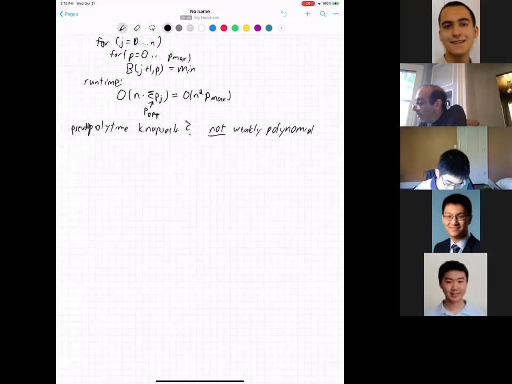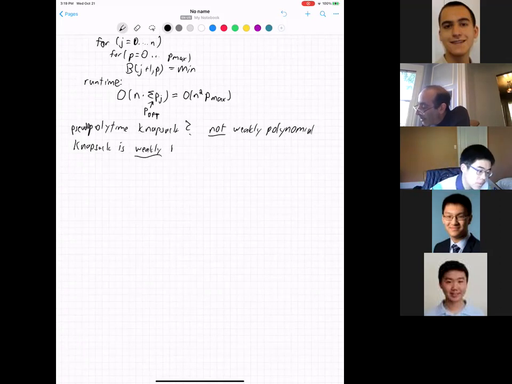Now, we've given this approximation algorithm. This actually proves something about knapsack or calls for an important definition. What we've shown is that knapsack is NP hard, but not with regard to its numbers. So what we say is that knapsack is only weakly NP hard.